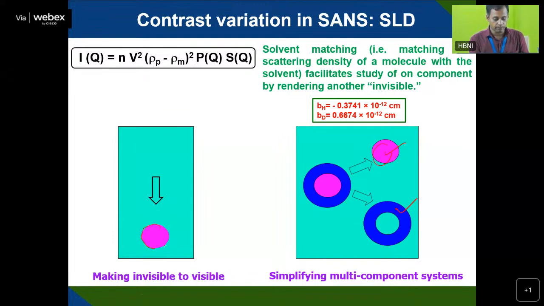If you want to see the pink, the blue has to be matched with the solvent contrast, so then you are able to see the pink. Similarly, to see the shell, you do the other way around.